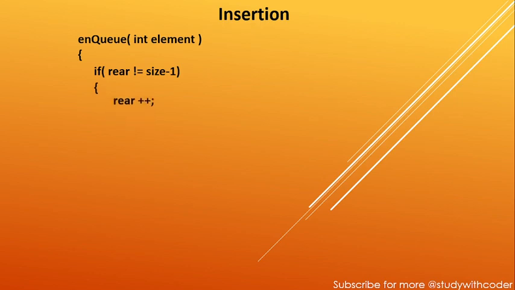Insertion operation: enqueue(int element). If rear is not equal to size minus 1, then rear plus plus, which means rear increments, and Q[rear] is equal to element. Else print Q is full.